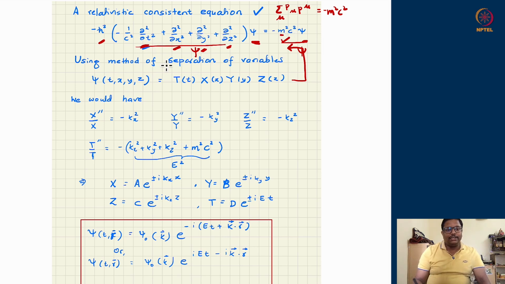On the left hand side, you will get a structure like minus h bar square times 1 upon c square T double primed upon T plus X double primed upon X plus Y double primed upon Y plus Z double primed upon Z. That should be equal to minus m square c square.